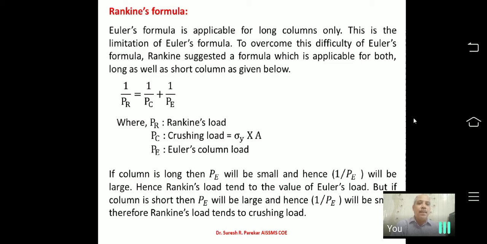So we have 1 upon PR equal to 1 by PC plus 1 by PE, and we simplify it as follows. We take the LCM and simplify: 1 by PR equals PE plus PC divided by PE into PC.